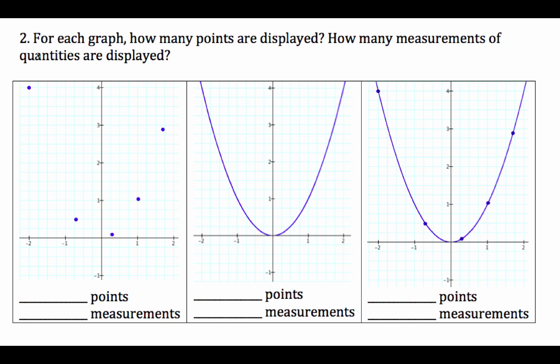Any other comments? Yes? I overthought this question because I thought it was a trick question, so I overthought it more than the measurements. I thought it was going to be infinity for every single one, because even on the first one, I thought you could still find the measurements of other points even though they're not highlighted. Okay.